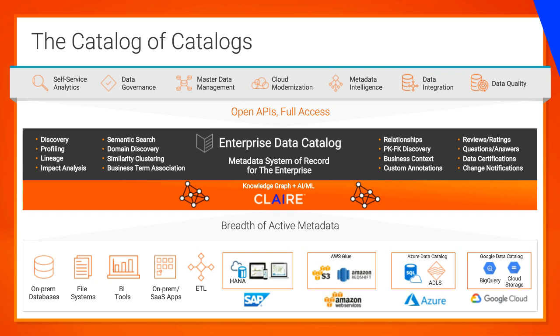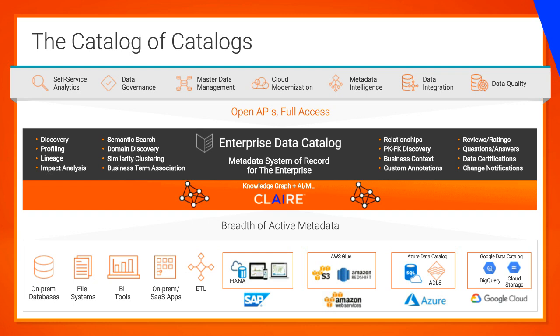Now, these local catalogs do a decent job collecting metadata from their own environment. What we are planning to do, and our vision, is to tap into these catalogs directly to integrate the content with the rest of enterprise metadata, in effect serving as the catalog of catalogs.